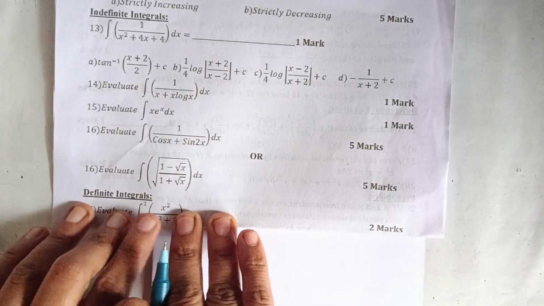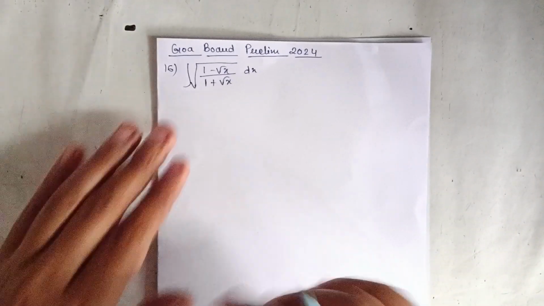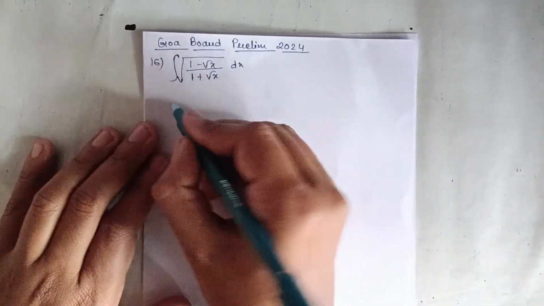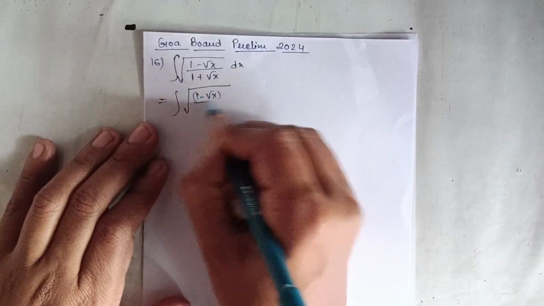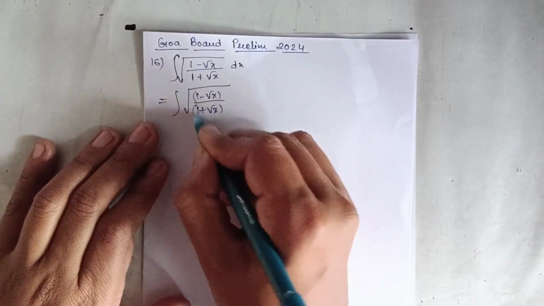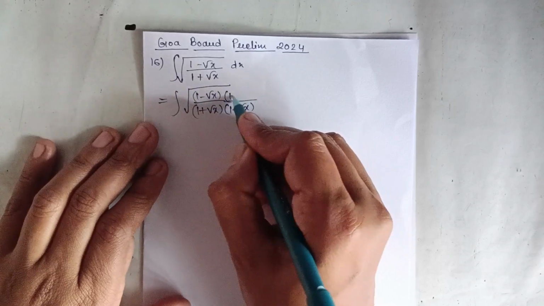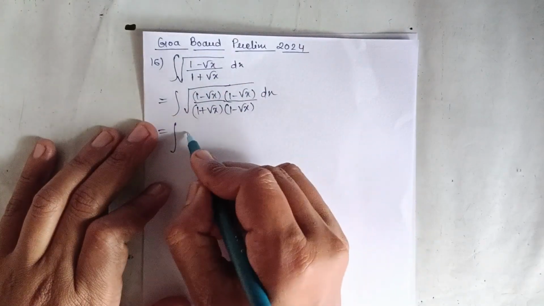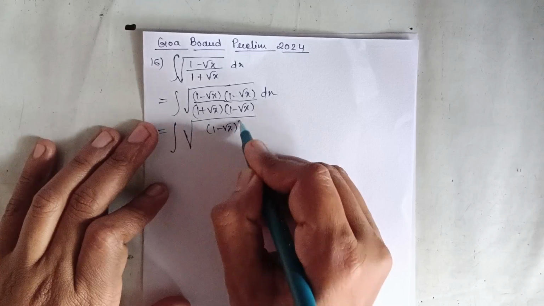Next question is you have to evaluate the integral of root of (1 minus root x) upon (1 plus root x). Okay. So here you have to rationalize it. So 1 minus root x over 1 plus root x, I am rationalizing the denominator. So multiply numerator and denominator by 1 minus root x. So this will be 1 minus root x the whole square.